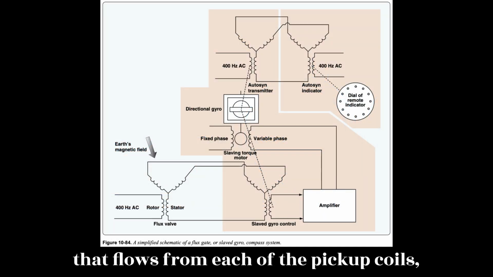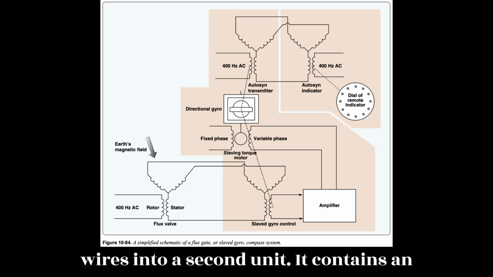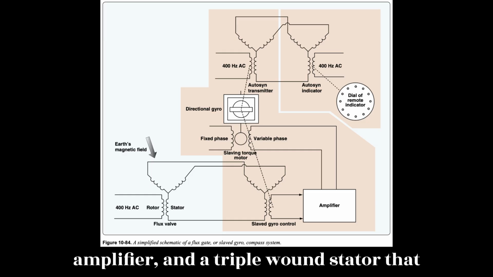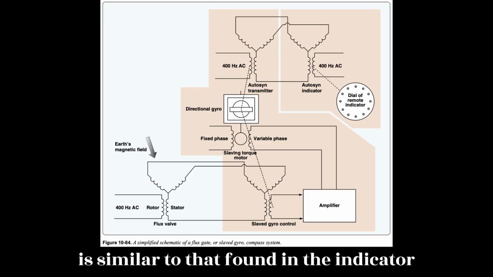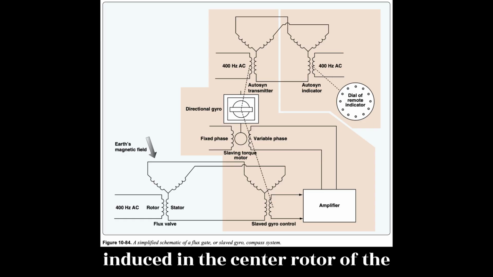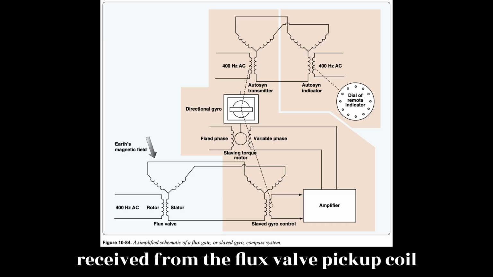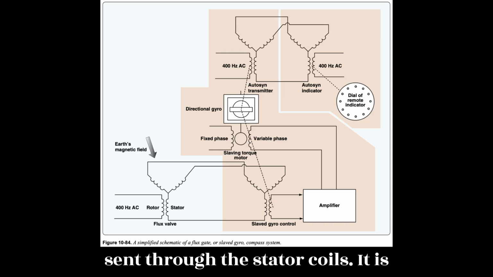The electricity that flows from each of the pickup coils is transmitted out of the flux valve via wires into a second unit. It contains an Autosyn transmitter, directional gyro, an amplifier, and a triple wound stator that is similar to that found in the indicator of a synchro system. Unique voltage is induced in the center rotor of this stator, which reflects the voltage received from the flux valve pickup coils sent through the stator coils.